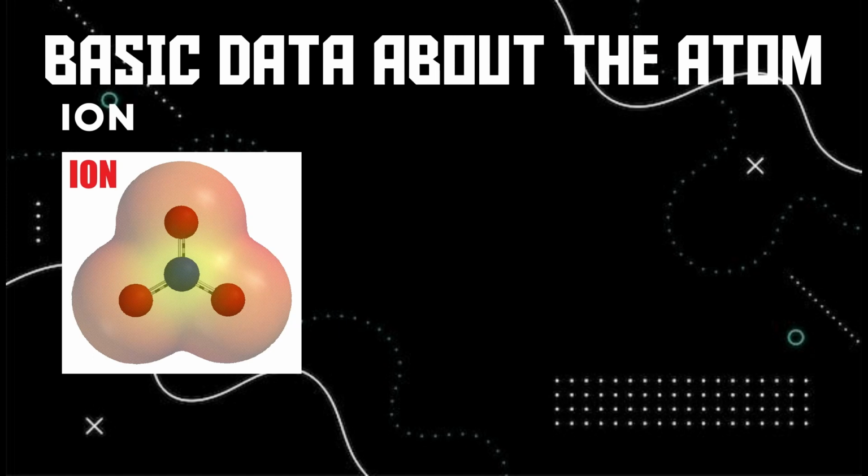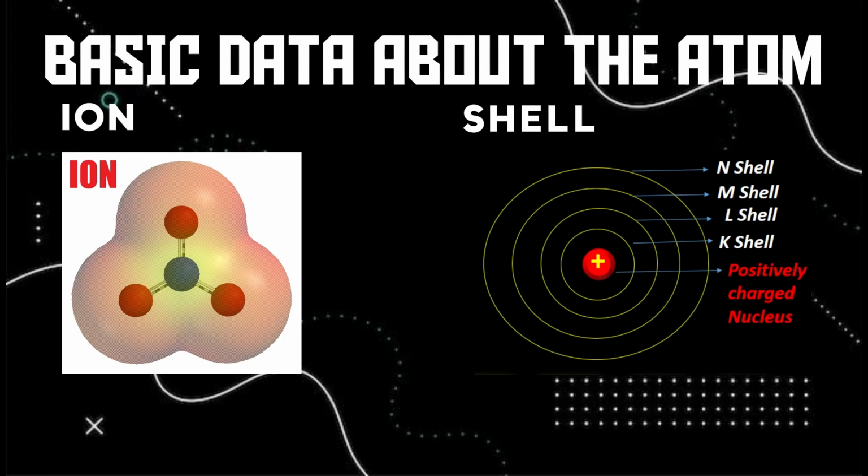Ion is an atom or a group of atoms that has a net positive or negative charge resulting from an unequal number of positively charged protons and negatively charged electrons. Shell is an energy level or region about the nucleus of an atom in which electrons move.